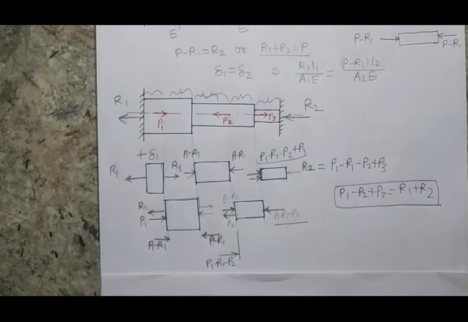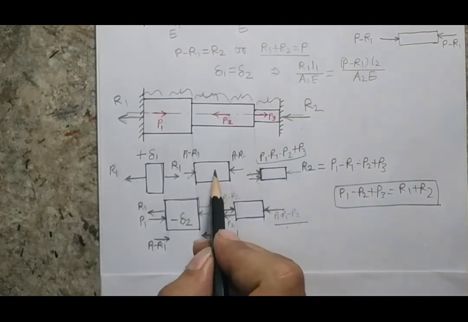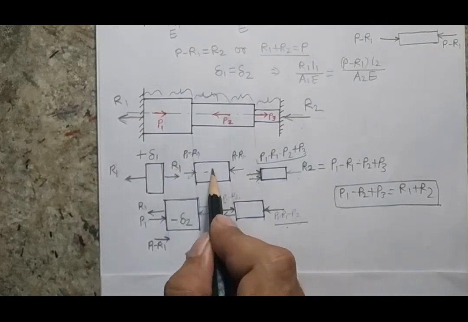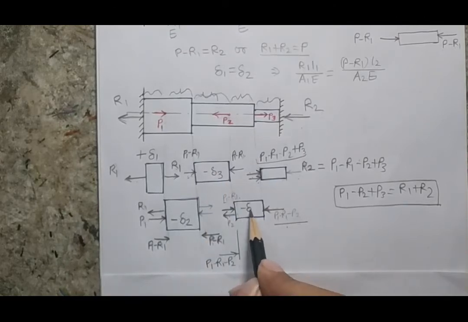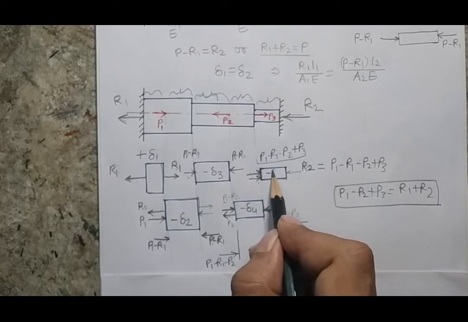The length is going to be increased. In the second case, I have assumed that P1 is greater than R1, so the nature of force here will be compressive, so this is minus del 2. Similarly here also I have assumed compressive, so this will be minus del 3. This is also compressive, so minus del 4, and here also it is compressive, so minus del 5.